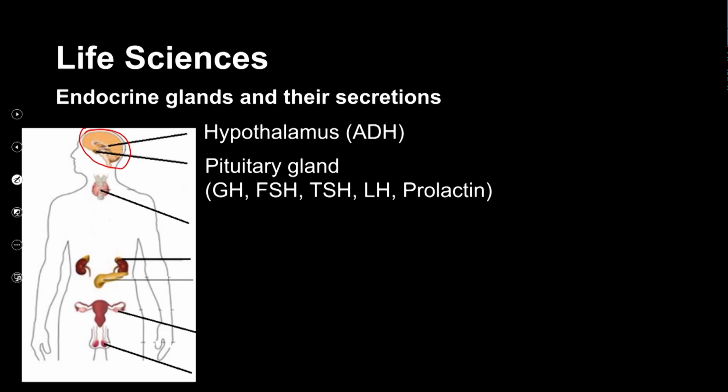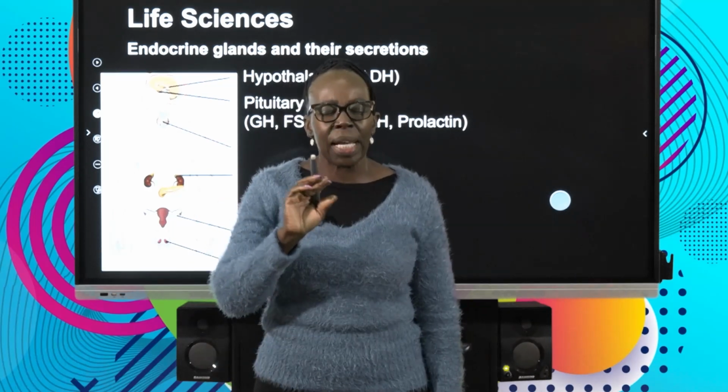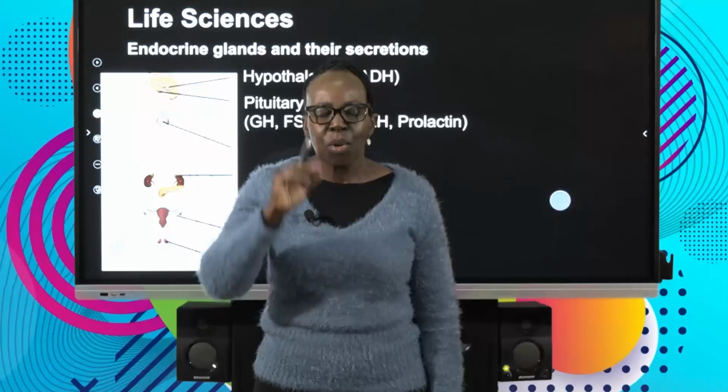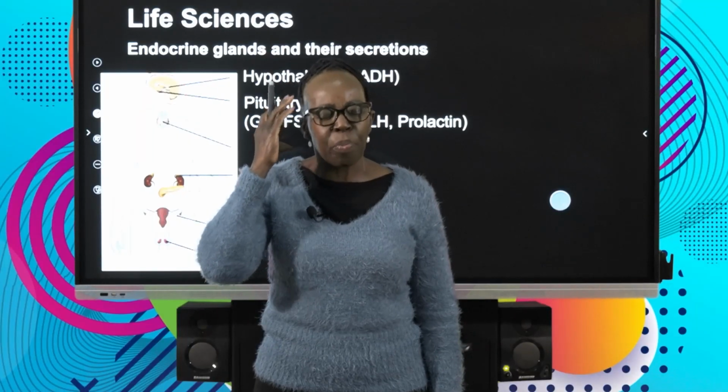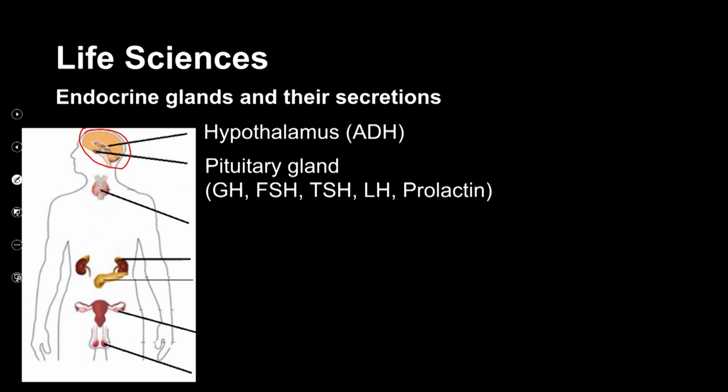We take our glands from the top to the bottom so that you can remember in your sleep, thinking of your brain downwards. So, we've got the hypothalamus here on top. At the posterior here, we've got the pituitary gland.